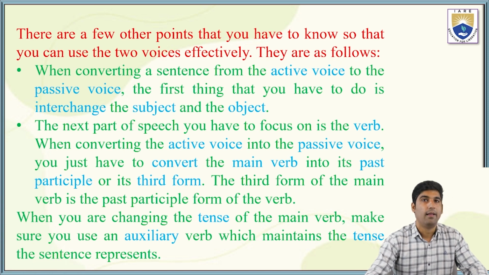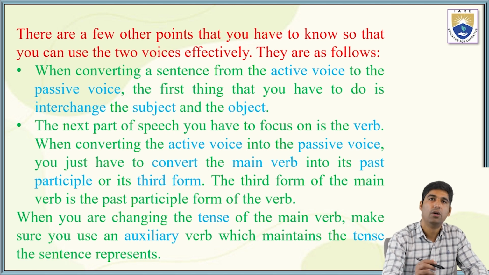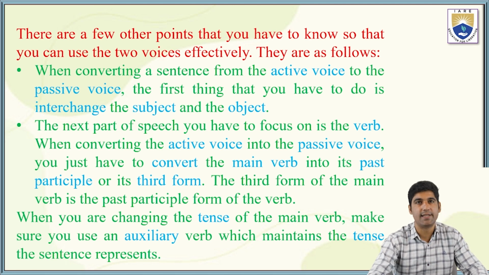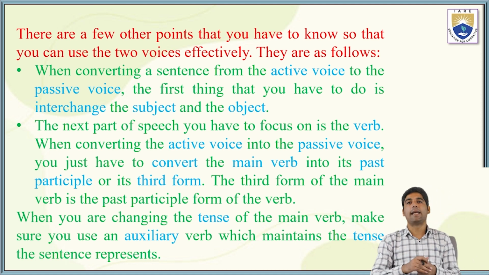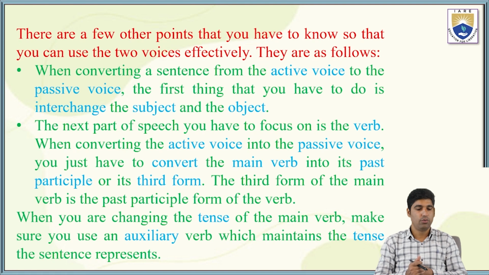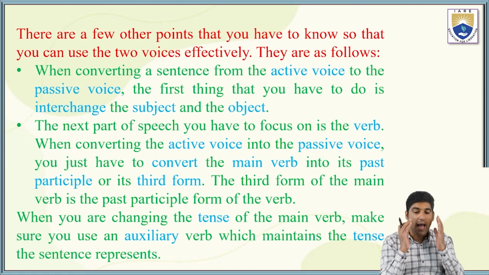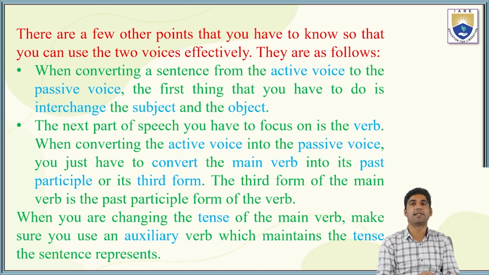Now, there are a few other points you have to know so that you can use these voices effectively. What are these few points? Number one, when converting a sentence from active to passive, the first thing you have to do is to interchange the subject and the object.